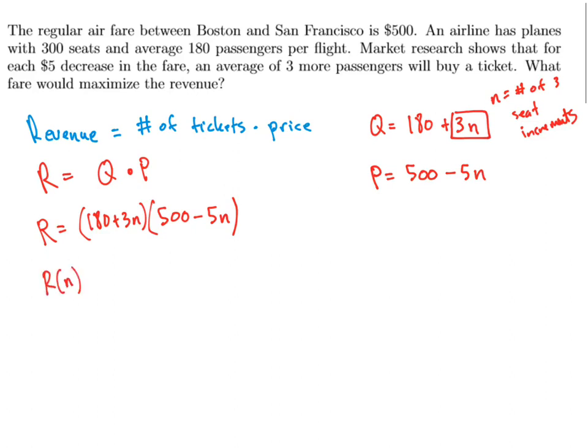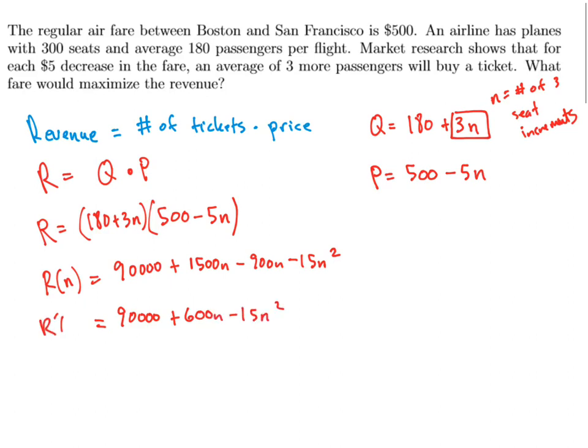I haven't been doing this, but we can rewrite this in function notation R of n. So multiplying all of this out, we're going to get 90,000 plus 1,500n minus 900n minus 15n squared. Rewriting this, 90,000 plus 600n minus 15n squared.